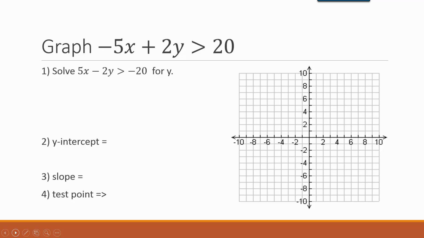Okay? Now what if we have negative 5x plus 2y is greater than 20? I'll change this here. Let's make this positive 5x plus negative 2y is greater than 20. 5x minus 2y is greater than negative 20.